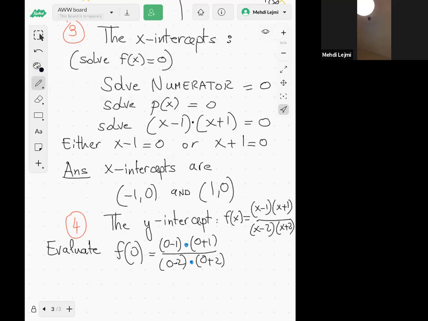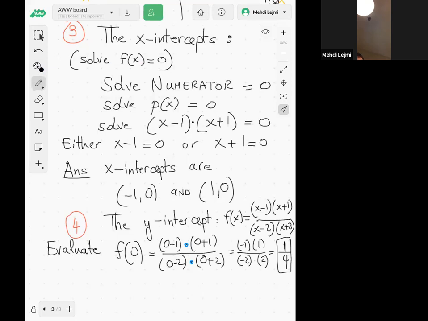So that's like -1 times +1 over -2 times +2. So that would be -1 over -4. So the answer would be 1/4. Okay, positive, because there's a negative at the top and a negative in the denominator.